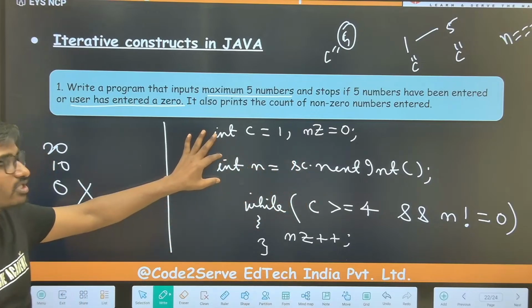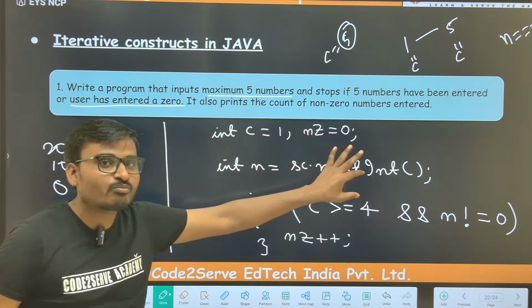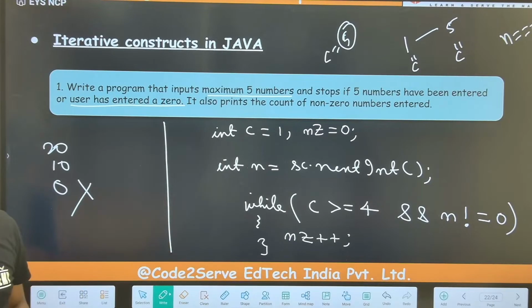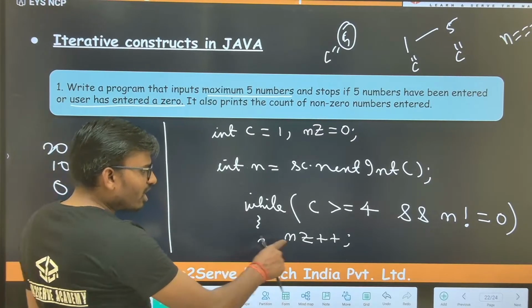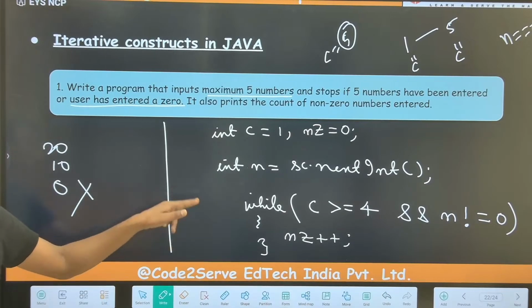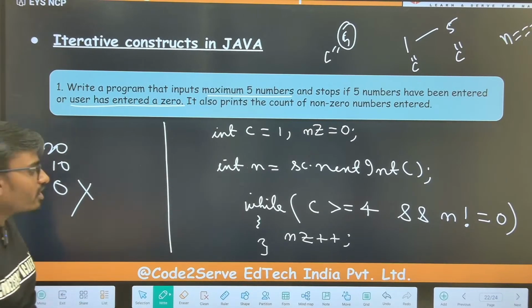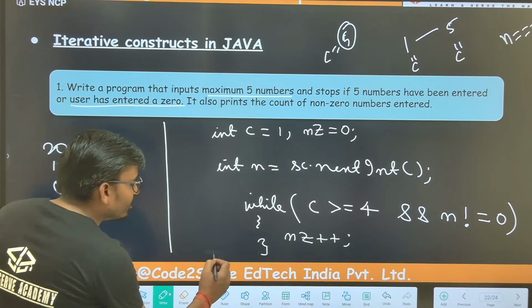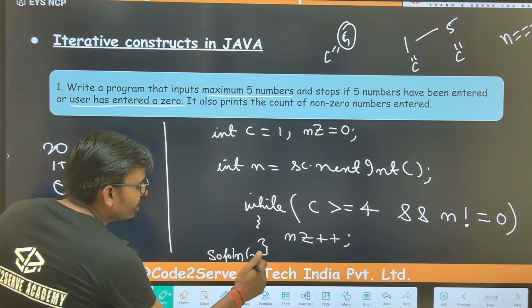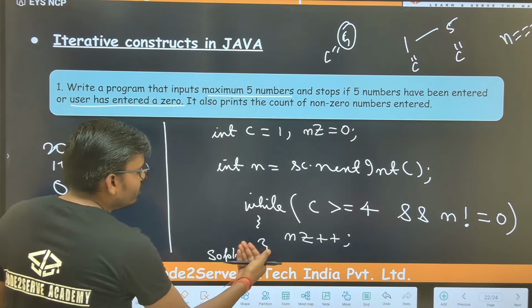Since before this loop you have taken one number as an input, here you will apply the condition while c is greater than or equal to 4. All right, and this nz will be calculated. So how many times did this loop execute? After this, you are going to write System.out.println(nz).